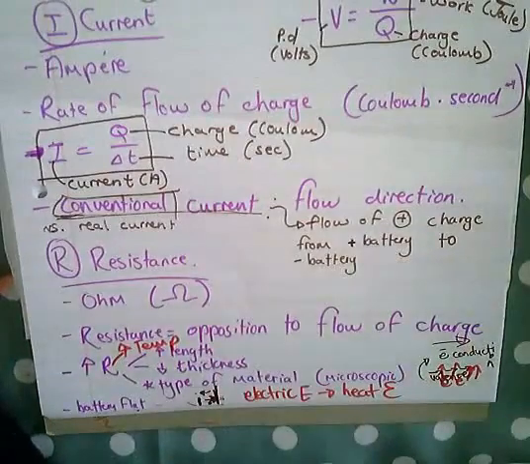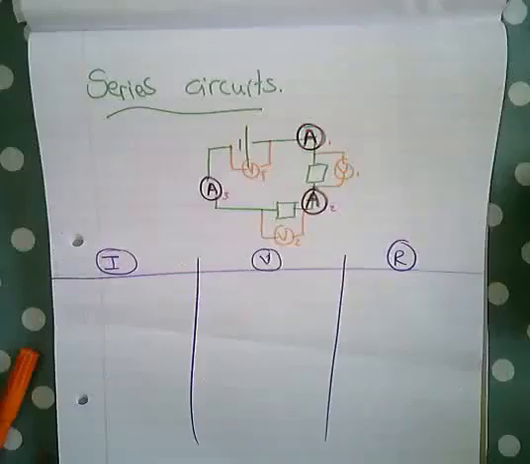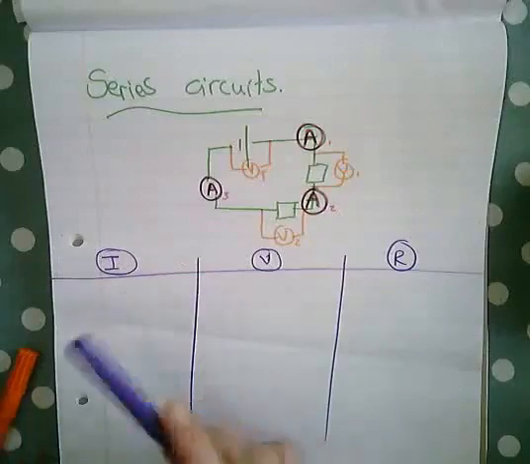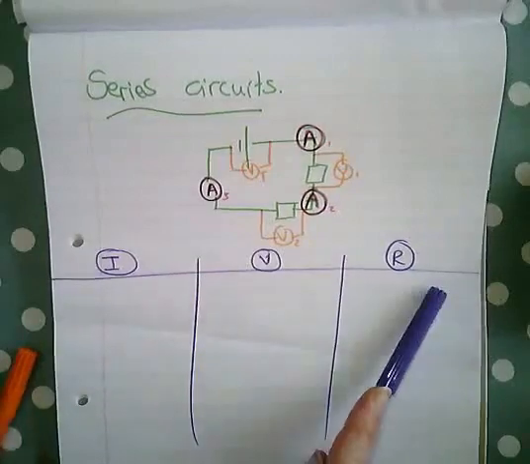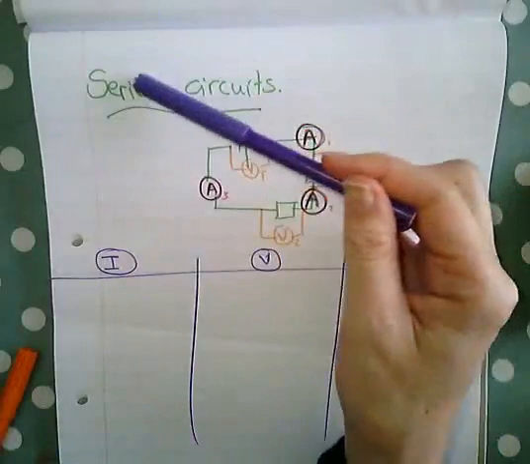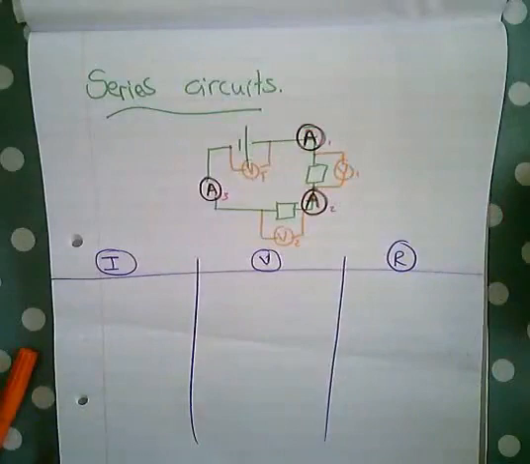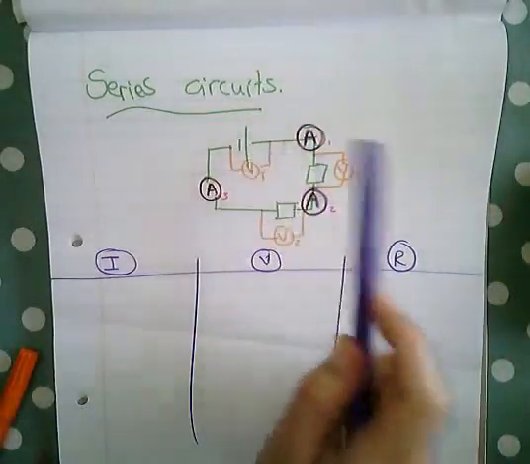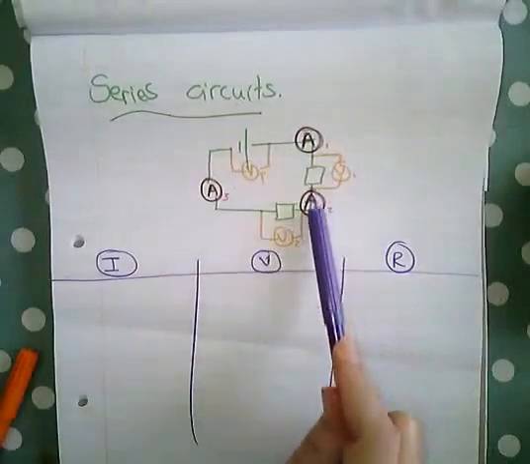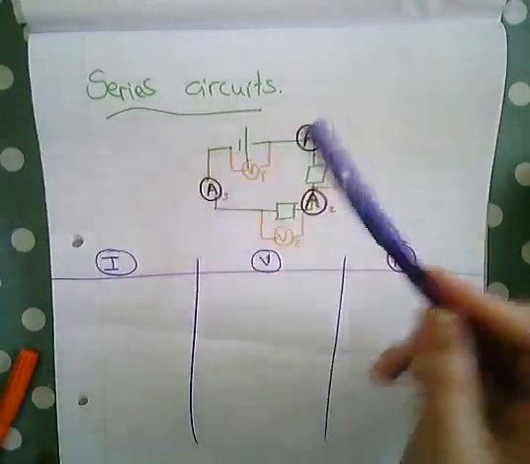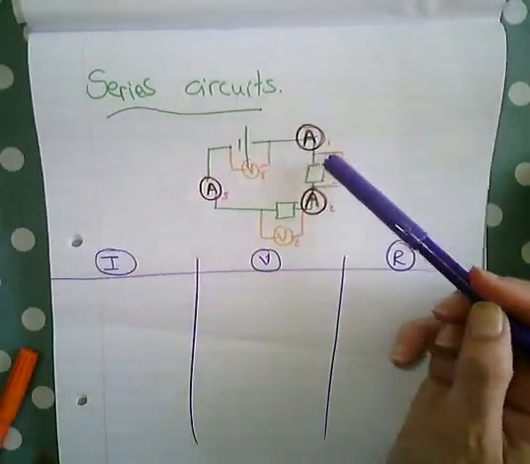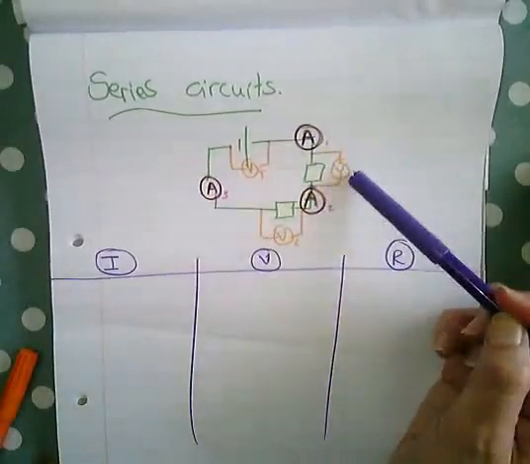Okay, now how current, potential difference, and resistance act in a series circuit is different than how each one of them acts and how we determine them in a parallel circuit. So in a series circuit, you remember, that means that all of the components are connected in such a way that there is no place for the current to split. So there's only one pathway for the current.